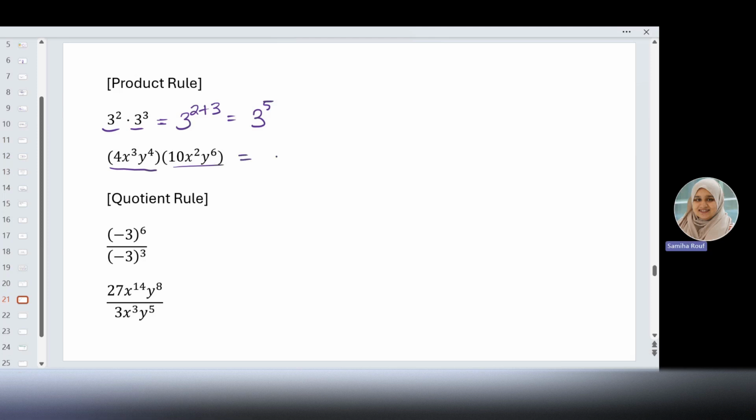Well, let's use the commutative property of multiplication, because notice everything here is being multiplied. We have 4 times x cubed times y to the 4 times 10 times x squared times y to the 6. So that's using the commutative property.